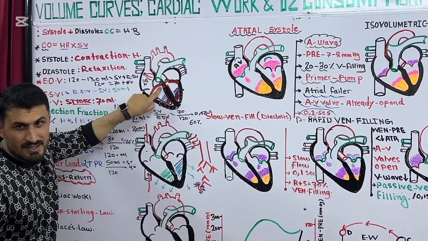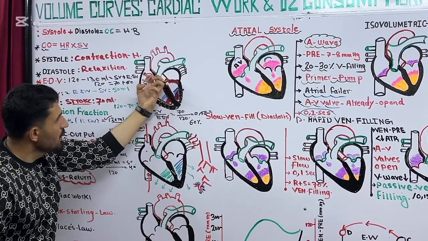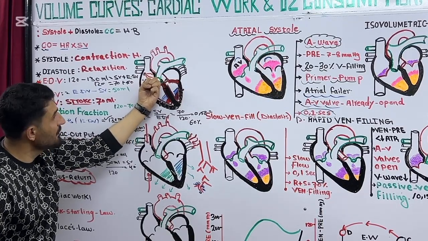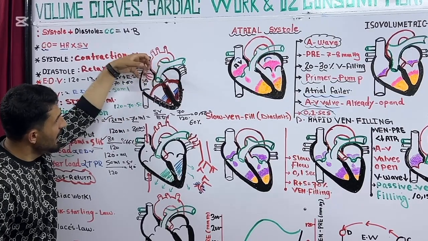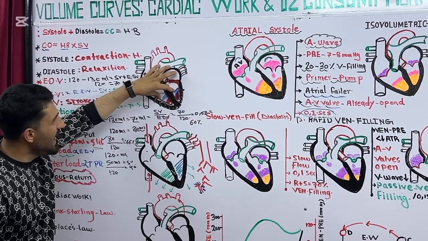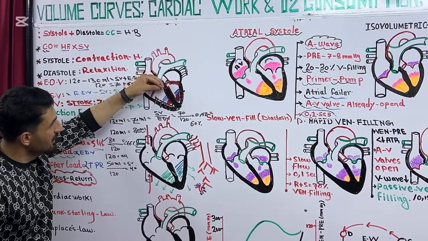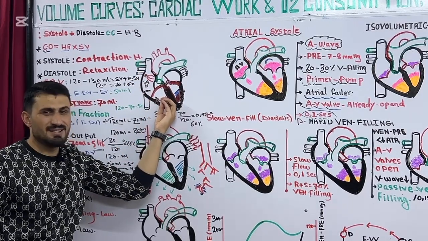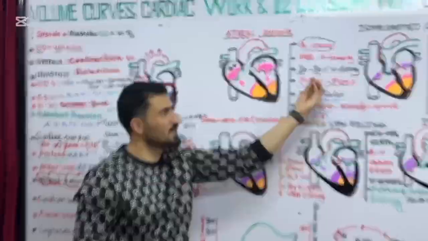And this AV node is very good, because it takes electricity around 0.1 second, and it will give enough time to the atria to empty and pump the blood into the ventricle. Got it? So now, after 0.1 second, resting membrane potential enters the Purkinje system, and Purkinje system is a very fast system. Now, come here to next phase.